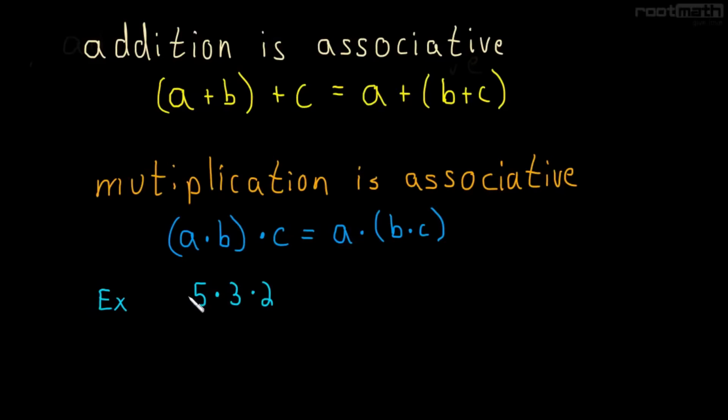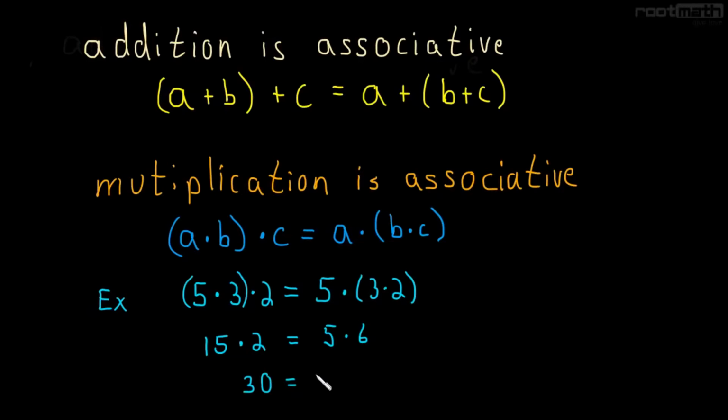Five times 3 as a group is equal to 5 times the group 3 times 2. So 5 times 3 is 15 times 2, and then on the other side we'll get 5 times 6, and 15 times 2 is 30, 5 times 6 is 30, so you can see that both sides are equal.